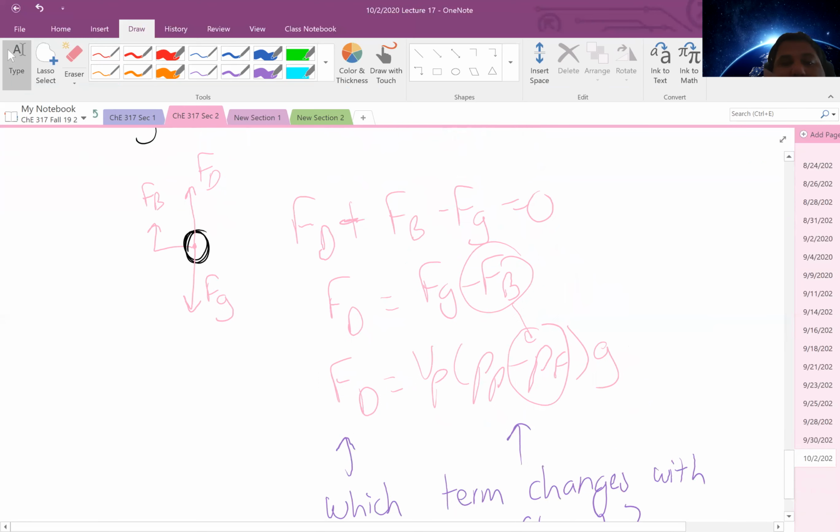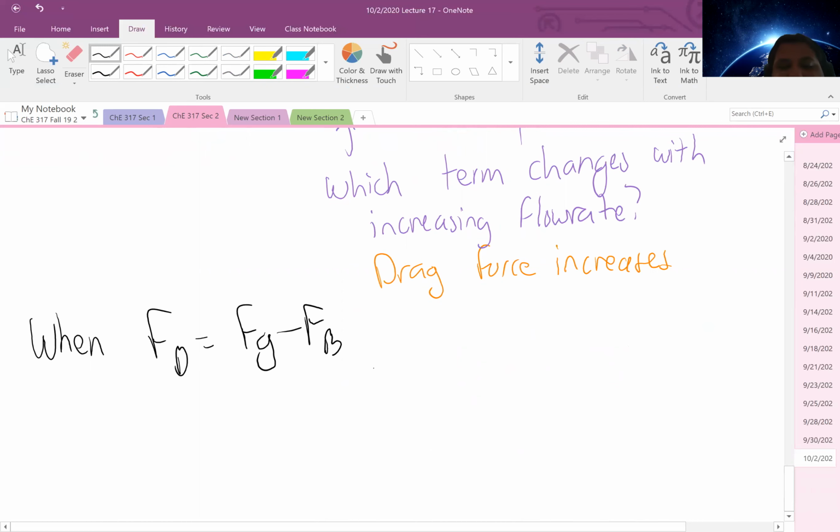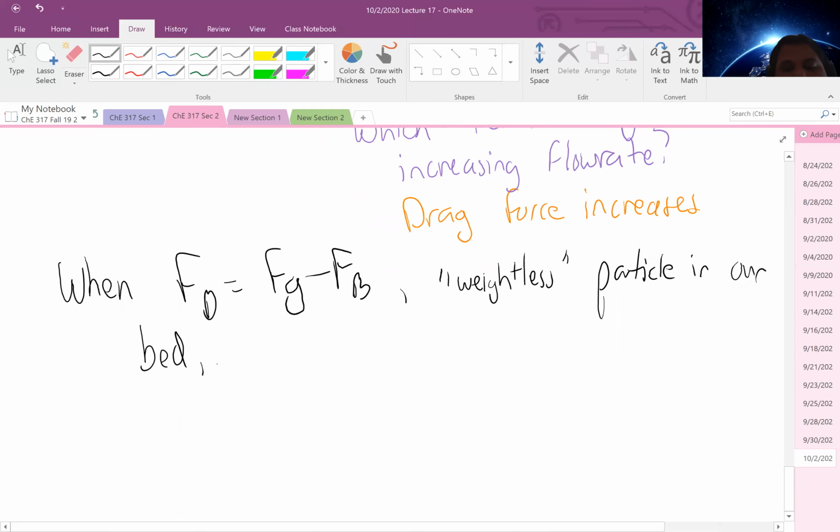And at that point, where FD is equal to that, we essentially get a weightless particle in our bed. And any velocity above that is considered what's known as a fluidized bed.